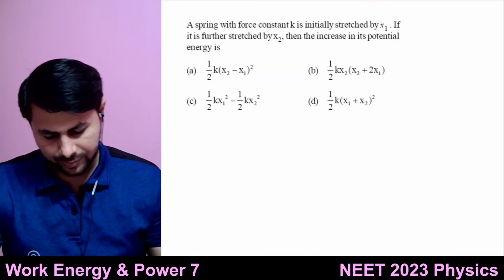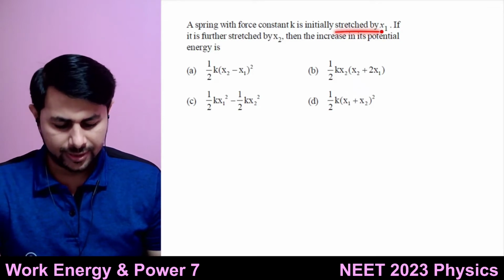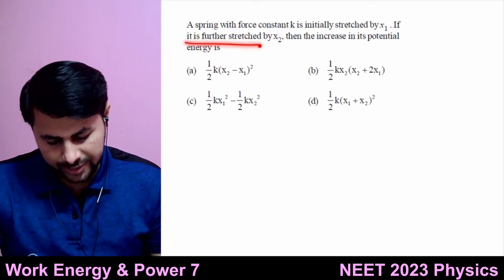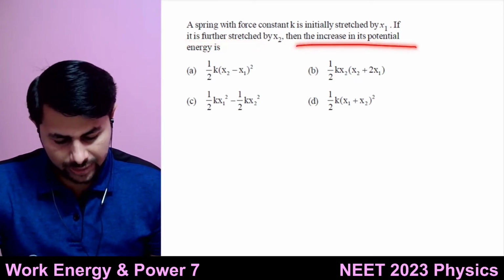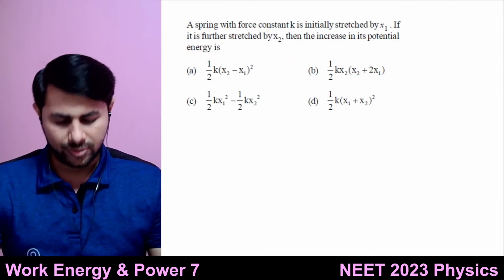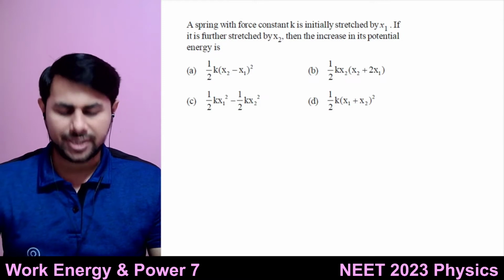Next question. A spring with force constant K is initially stretched by x1. If it is further stretched by x2, then the increase in its potential energy is? This is the question. Initially it is stretched by x1, then it is further stretched by x2.